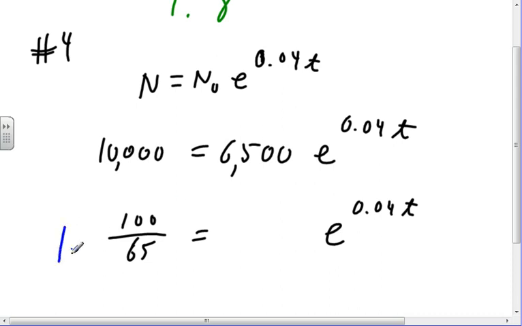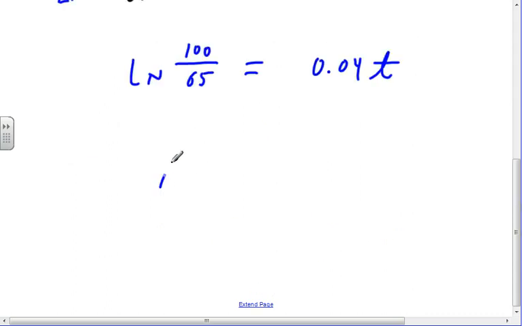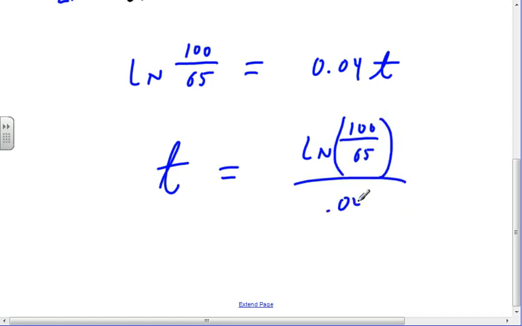Take the natural log of both sides. Natural log of 100 divided by 65 equals 0.04 t. T is equal to natural log of 100 divided by 65, divided by 0.04. And when I get done, the answer is going to be in hours because t is in hours in the problem.